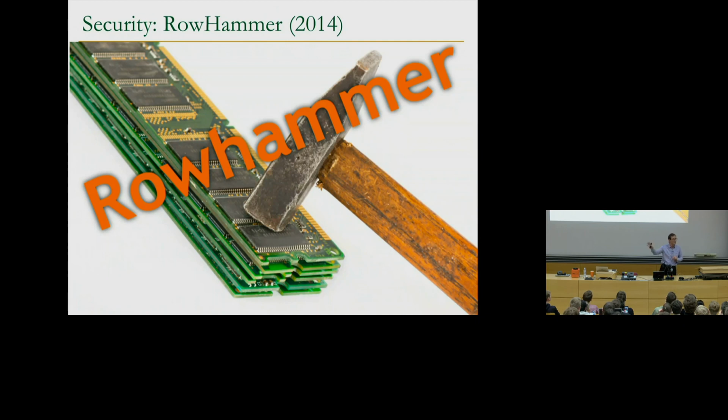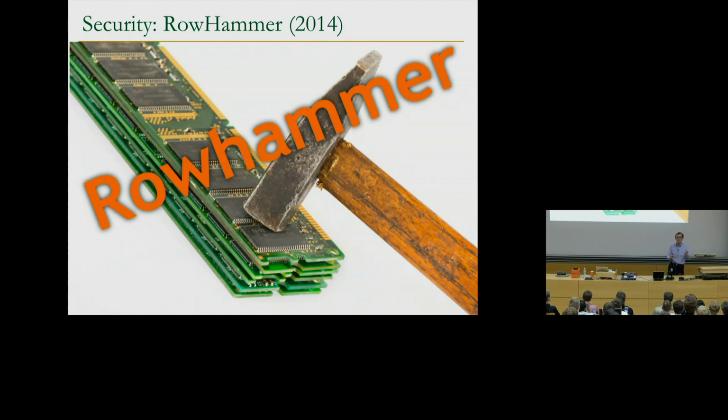We're going to talk about this more tomorrow. This should not happen. Clearly, whenever you're reading memory, you should not be able to change anything in memory, first of all. But this is happening today because cells are too close to each other. We've scaled the technologies into such small dimensions that whenever you're reading some cell, you're disturbing the other cells around you. And that leads to these bit flips.